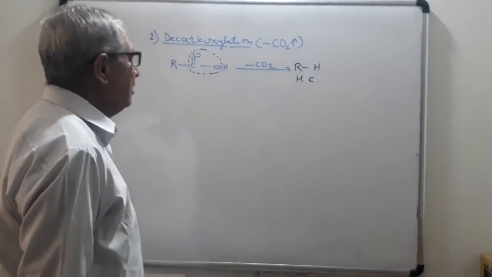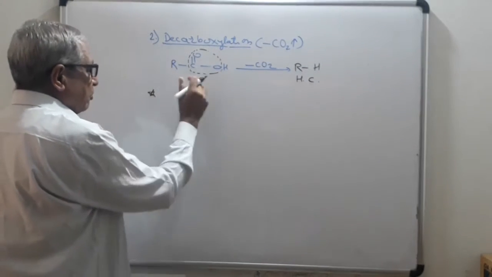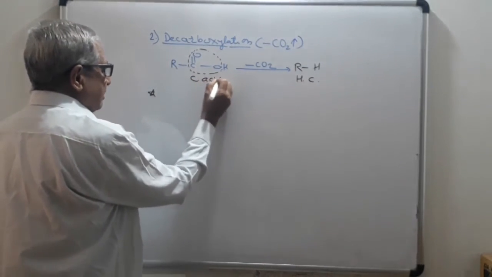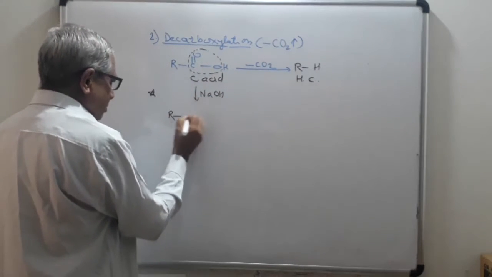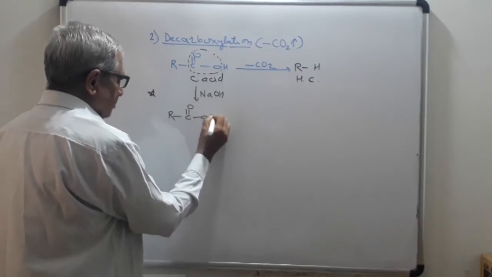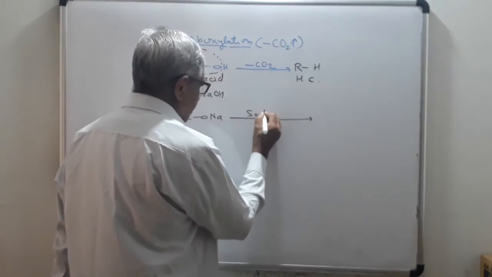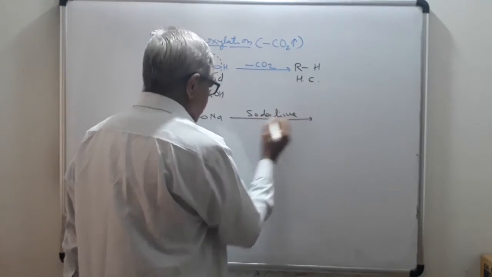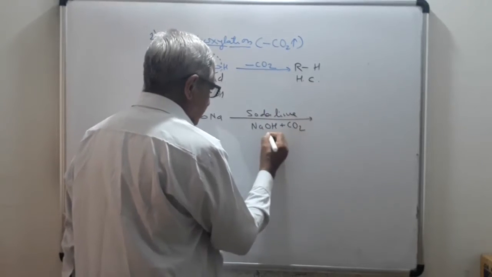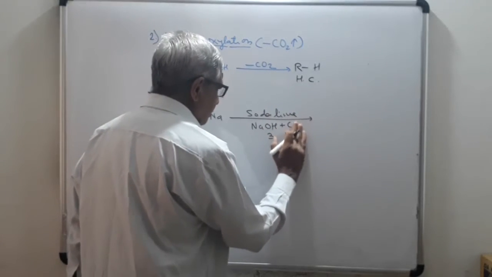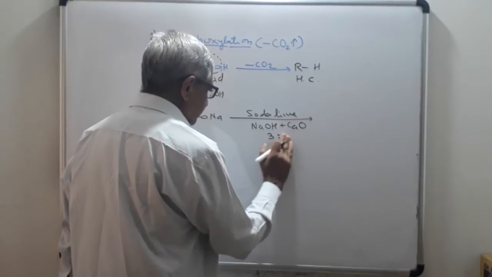Now see, in this case, the first question arises: carboxylic acids are immediately converted to the sodium salt of carboxylic acid, RCOONa. When this is treated with soda lime, the formula is NaOH plus CaO, calcium oxide, in the ratio 3:1.